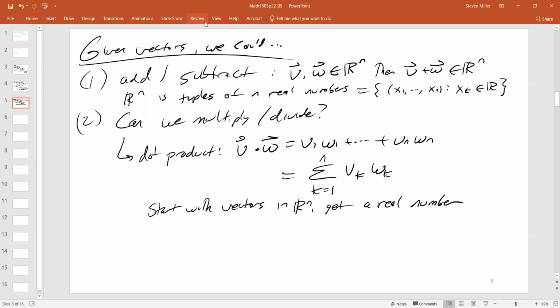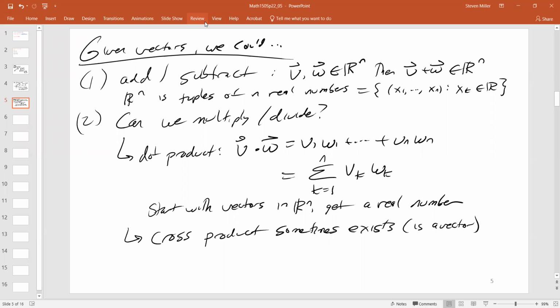There is also the cross product. I don't think the lecture covered the cross product. Is that correct? Right. So we will see the cross product sometimes exists. It's another way to combine two vectors, and this is a vector. So there is a way to multiply special vectors and get a vector out, but not always.